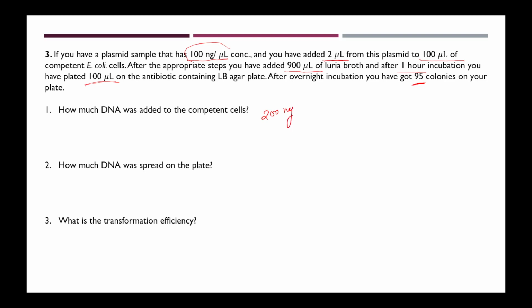And then the second question is, how much DNA was spread on the plate? So to calculate this, you have a formula. DNA spread on plate, you can calculate by volume which you have spread into DNA amount that you have transformed, and then total volume of transformation.